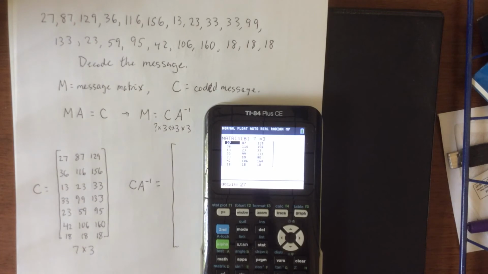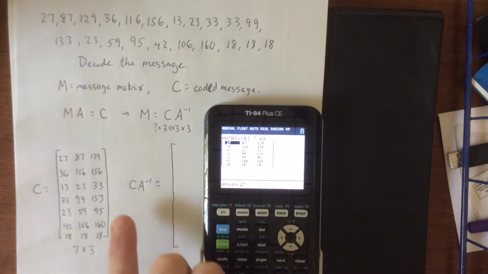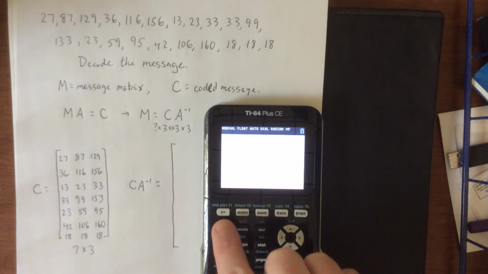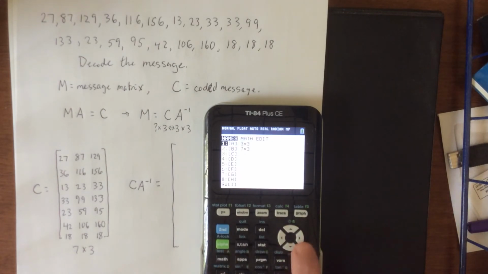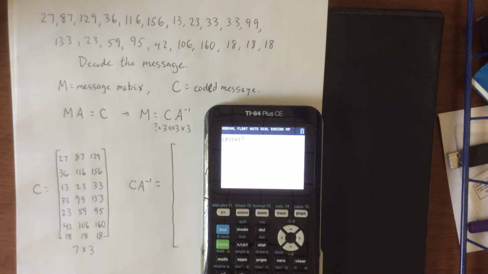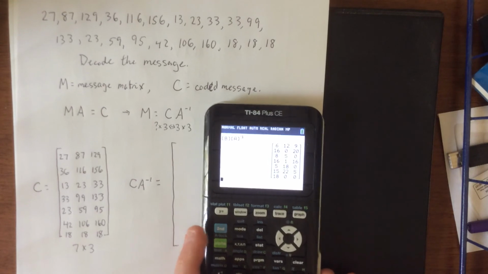The idea is I want to take this and multiply it on the right by A inverse. So I'm going to quit out of that menu, re-enter the matrix menu, select B, and then multiply that on the right by A inverse. B times A inverse should give us the decoded message matrix.